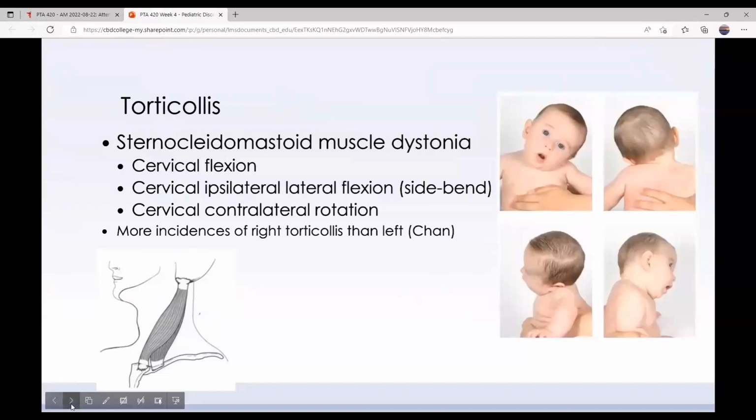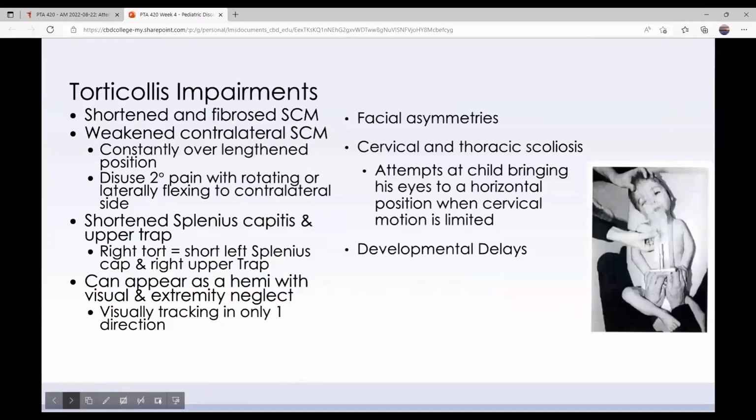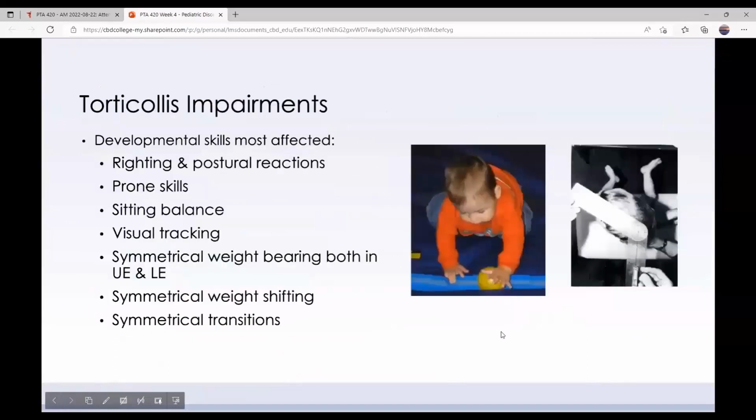Okay, so when you're faced with treatments or questions about this, I'll come back to this position in a second. It's going to ask either what is the position the baby's in, this side bent, flexed and rotated position, or what is the treatment? The treatment's going to be opposite.